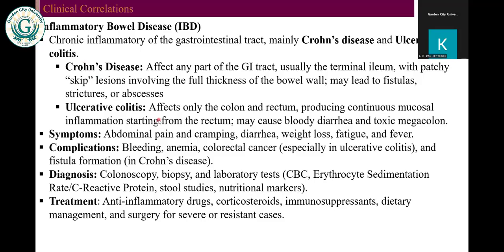Ulcerative colitis affects only the colon and the rectum, and Crohn's disease can affect any part of the GI tract, usually the ileum. So this is a chronic inflammatory disease. Now the complications, you can read more about this one.